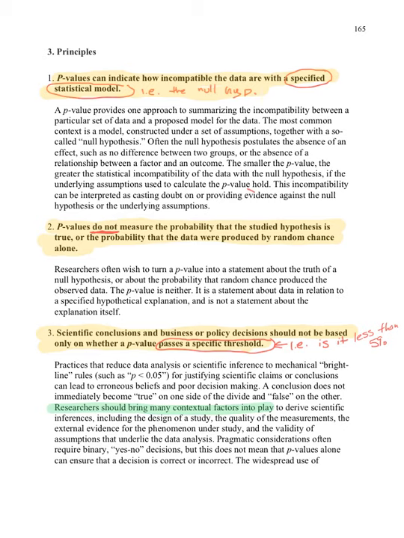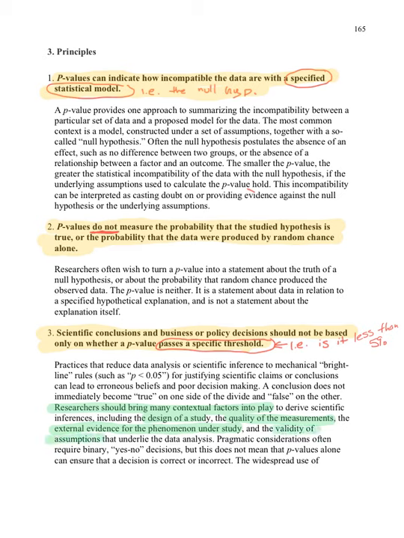So researchers need to bring many contextual factors into play. Just the knowledge of the discipline, the area in which the data is gathered, the design of the study, the quality of the measurements, the external evidence that already exists, the validity of the assumptions.